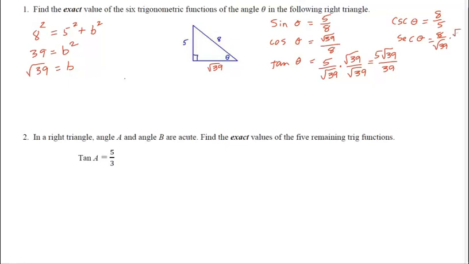And here we are again having to rationalize. So let me see if I can squeeze that in. I'm just rationalizing the denominator. So that becomes 8 root 39 over 39. That's secant. Okay, I guess I could be circling these.